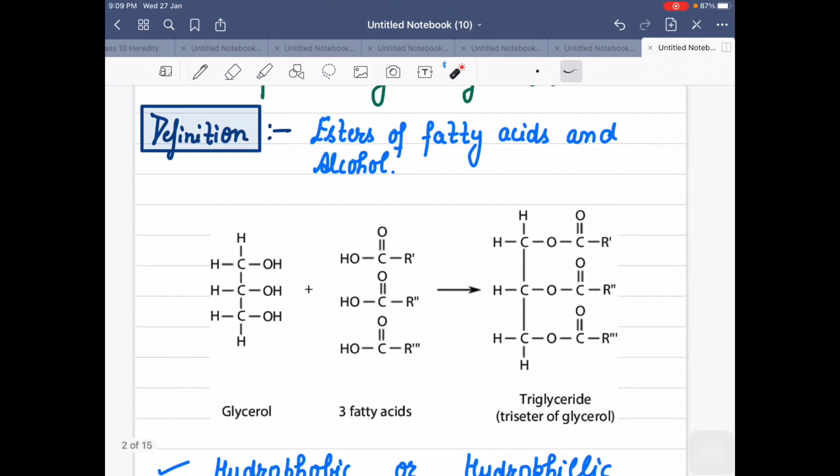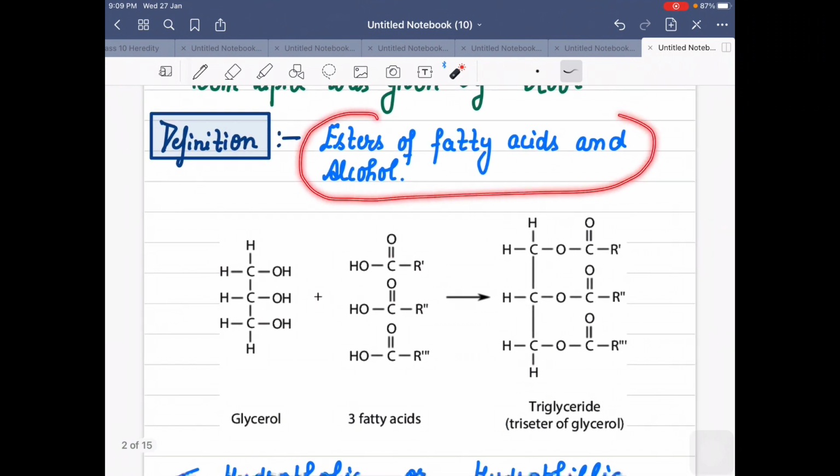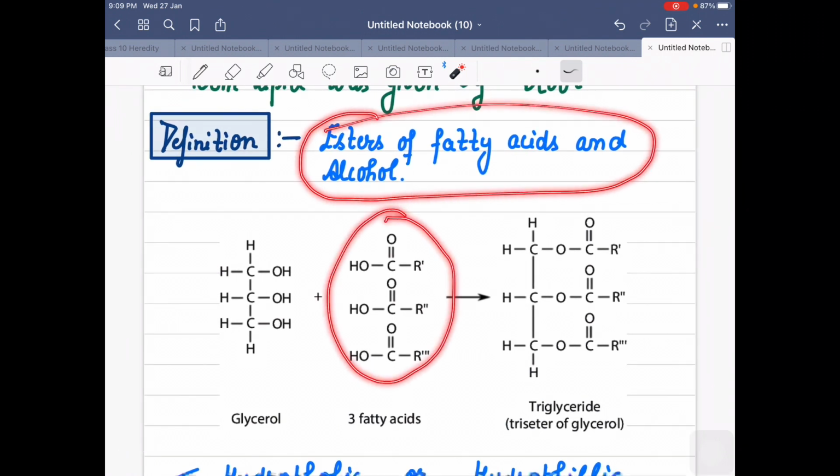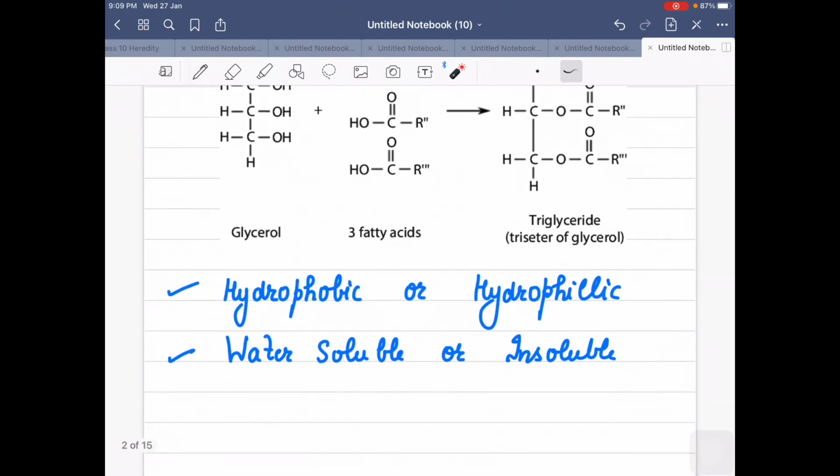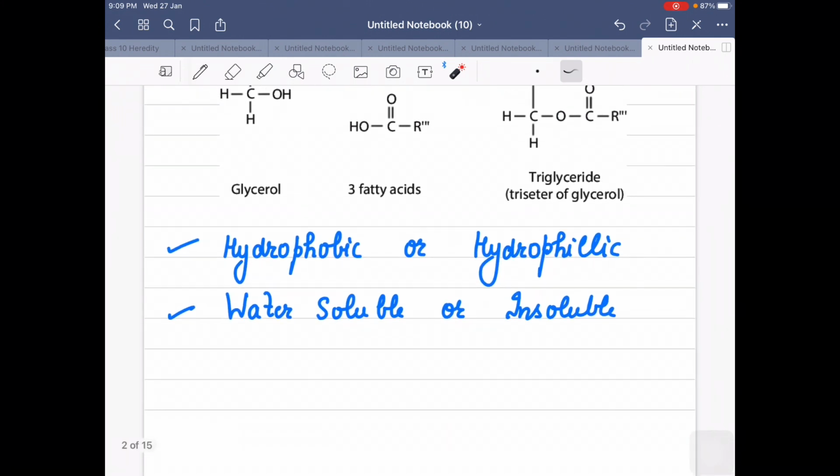So lipids are esters of fatty acid plus glycerol, or there can be any alcohol. Are they hydrophilic or hydrophobic? They are hydrophobic.